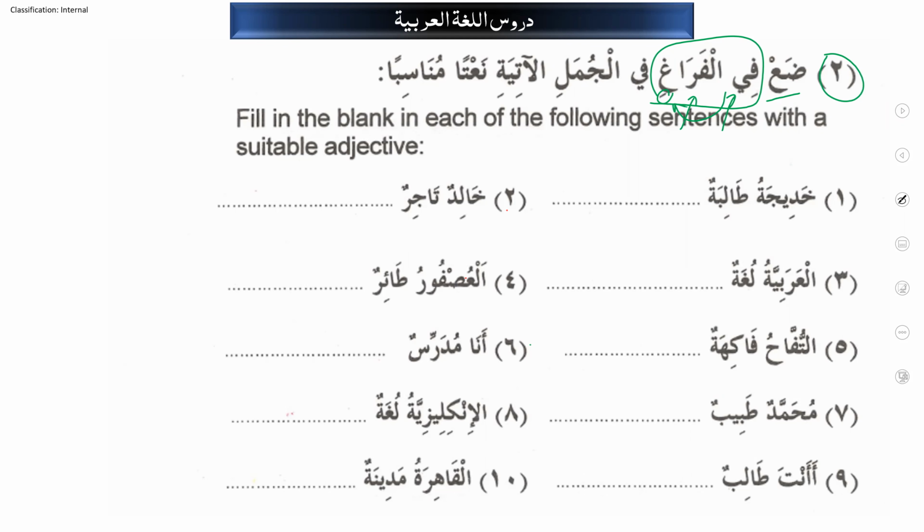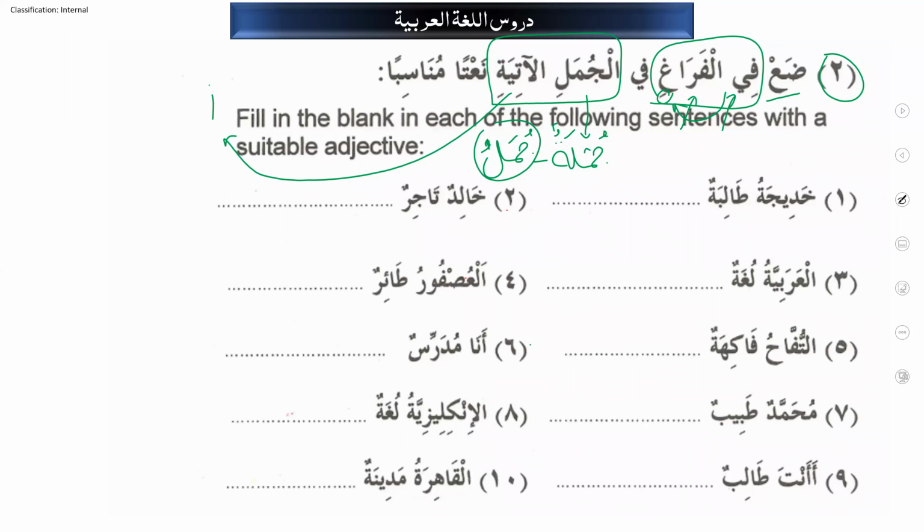Now this al-jumalil atiyati. Please always remember that the plural of jumlatun is jumalun. Sentences: jumalun. Now this atiyatun I want to explain slightly.